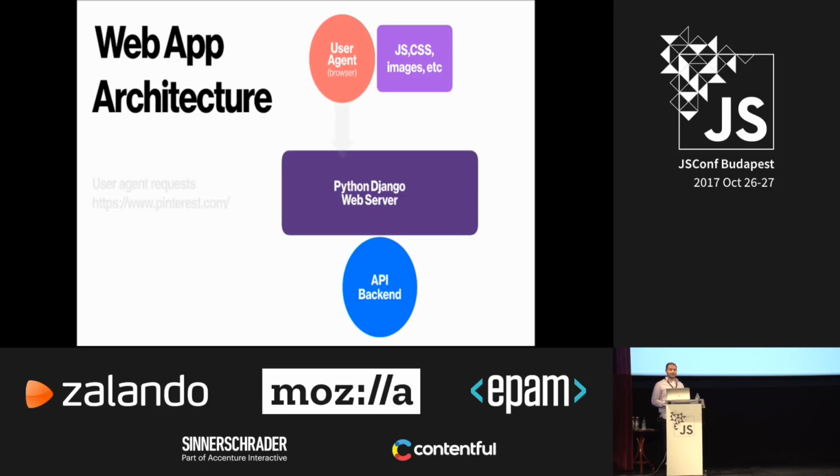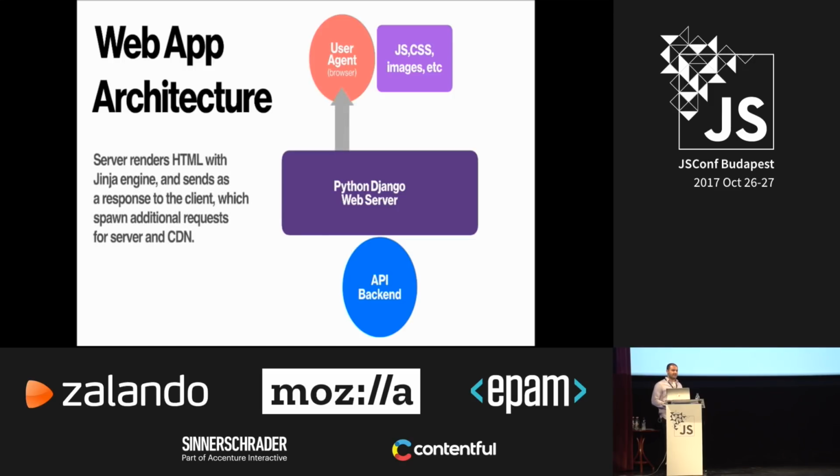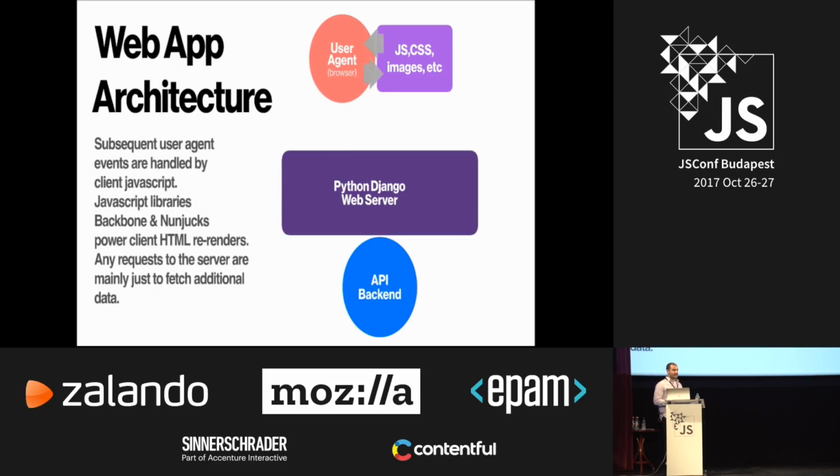When a user agent sends a request to the server, it renders HTML with the Jinja renderer in Python and sends back all this HTML to the client, which spawns a bunch of requests for CSS, images, JavaScript, and many other assets. It initializes the app, and after that, all subsequent requests are handled only for retrieving additional data. So there are no more subsequent renders on the server side. All the renders are happening on the client side.